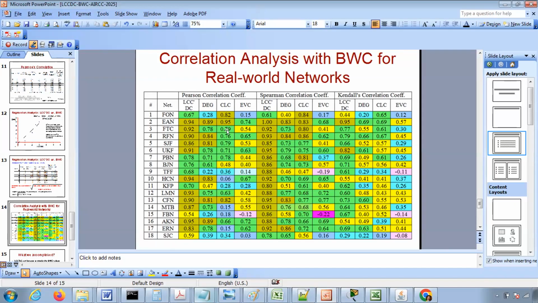It's strongly correlated with betweenness. But the shortest path centrality metric, closeness centrality, which is the other shortest path centrality metric I listed earlier in the slide, is not that strongly correlated. Even though both are shortest path based, betweenness is a measure of the fraction of the shortest paths going through a vertex, whereas closeness is a measure of how close a vertex is to the rest of the vertices.